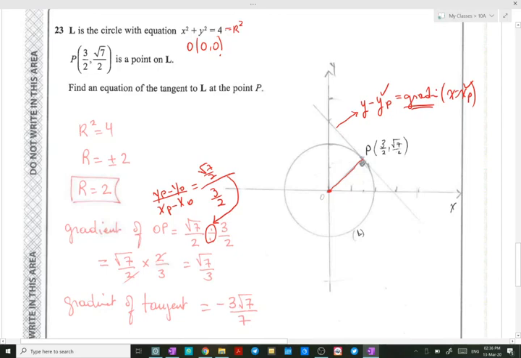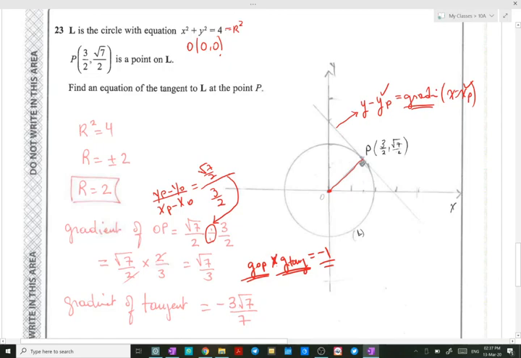Two lines that are perpendicular to each other: the gradient of OP times the gradient of the tangent should be equal to minus 1. When two lines are perpendicular, the product of their gradients is equal to minus 1.